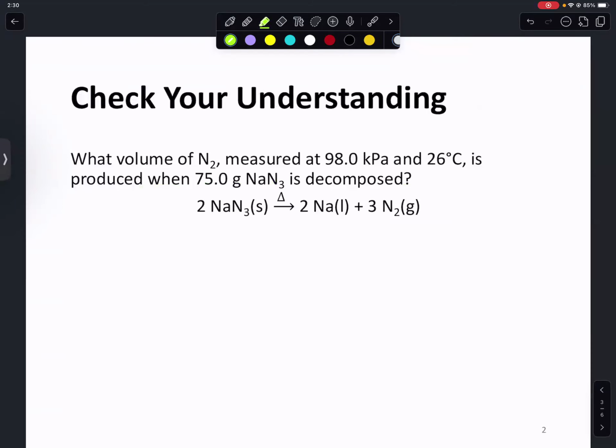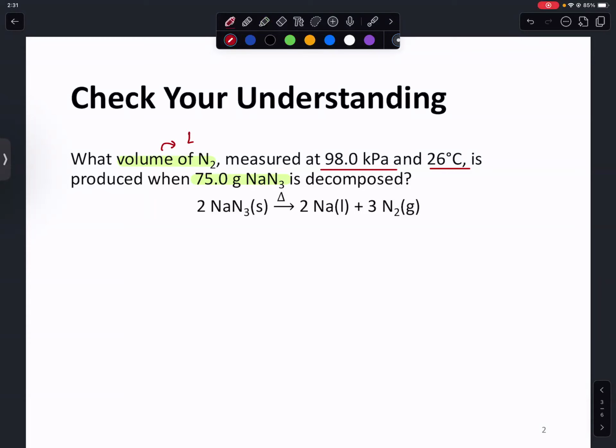So let's start with the first problem. It asks here what volume of nitrogen, and the volume you're required to find will be in liters, measured at 98.0 kilopascals and 26 degrees Celsius, is produced when you have 75.0 grams of sodium nitrite decomposing.